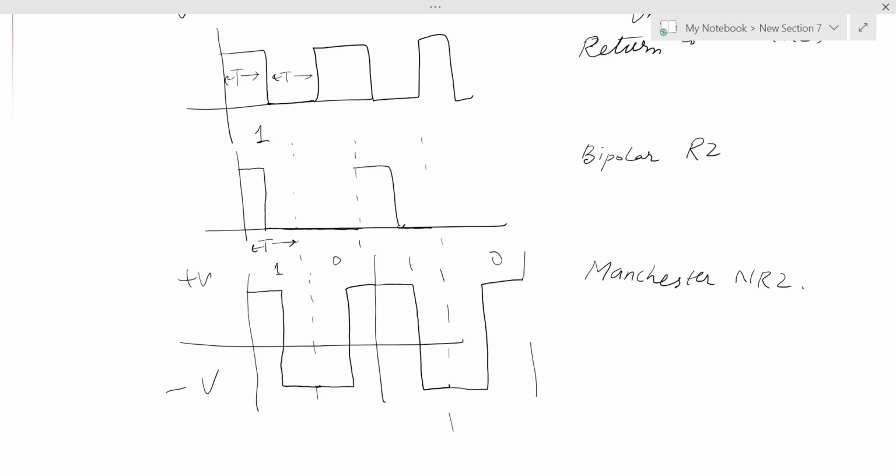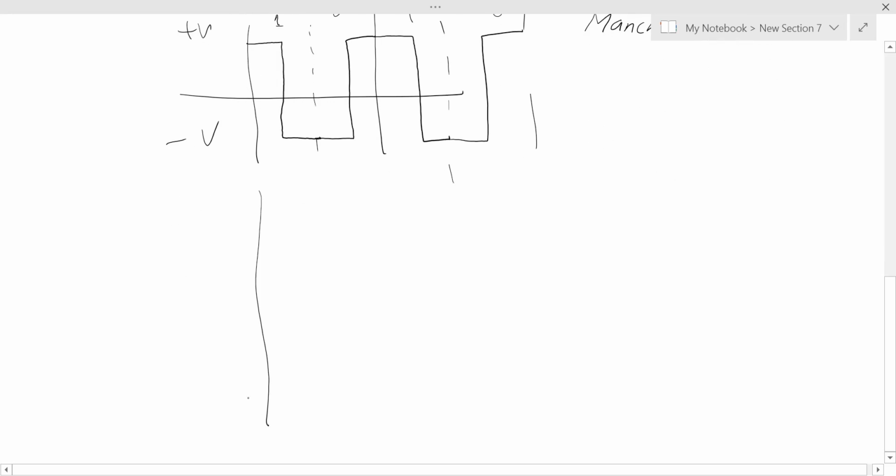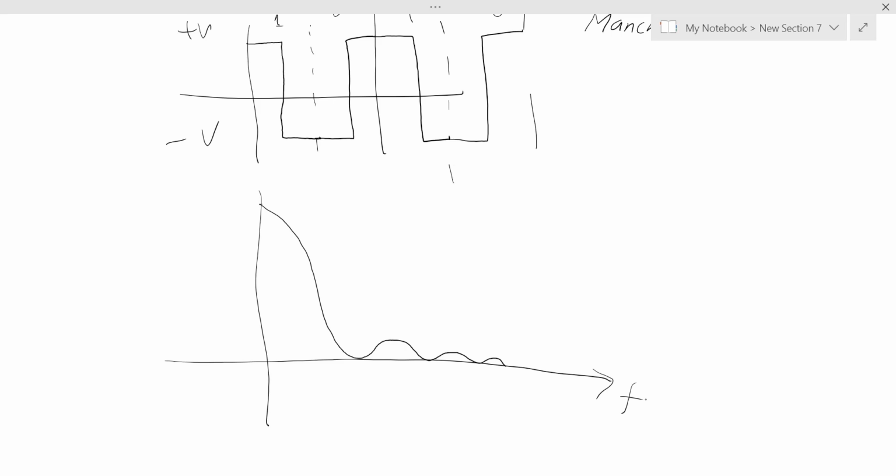Okay, suppose I plot here, sorry, let me first plot the unipolar non-return to zero. Its power spectral density will look like this. We are taking this as a fact, we are not proving it right now. So it will be something like sinc.